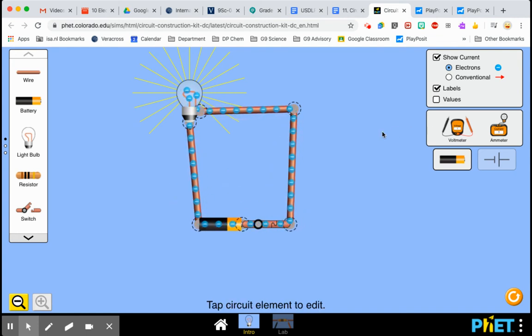So we've successfully made a closed circuit, and we've got electric current flowing. Now, if I want to make some changes, if I open the circuit, obviously it stops. If I want to see what it means for conventional current, we talked briefly about how conventional current actually represents the flow of positive charges. At the time that electricity was being initially studied, they didn't actually know about the existence of electrons.